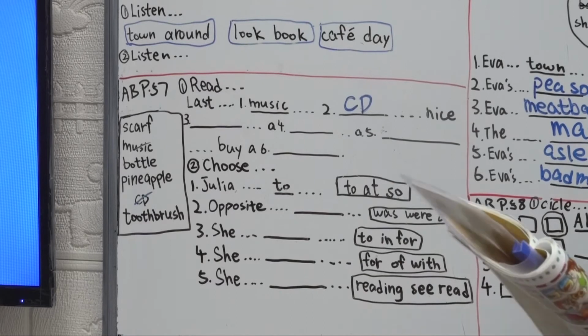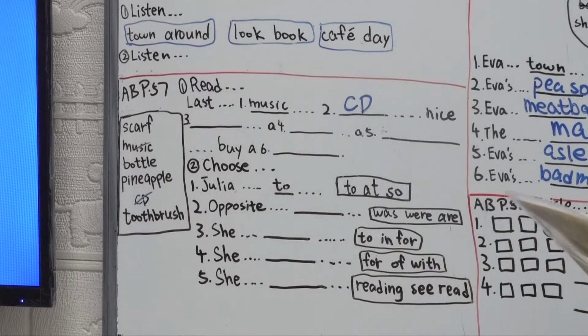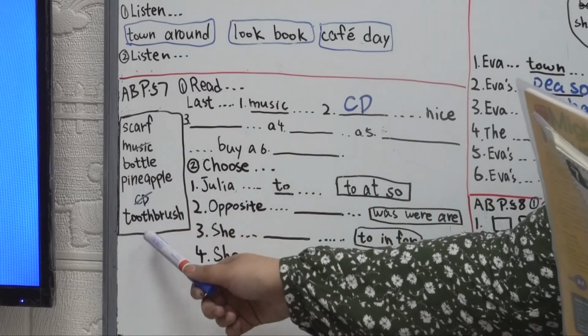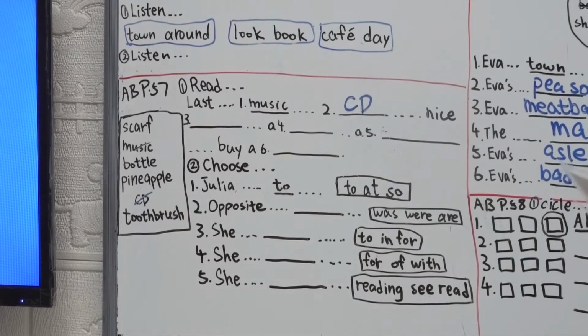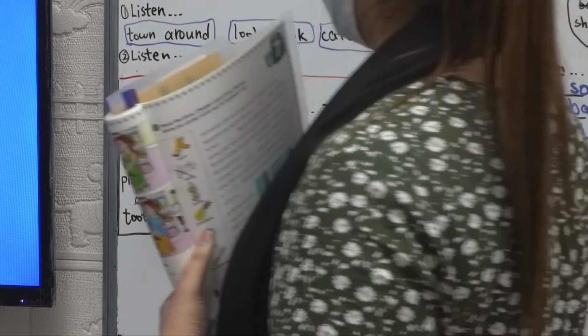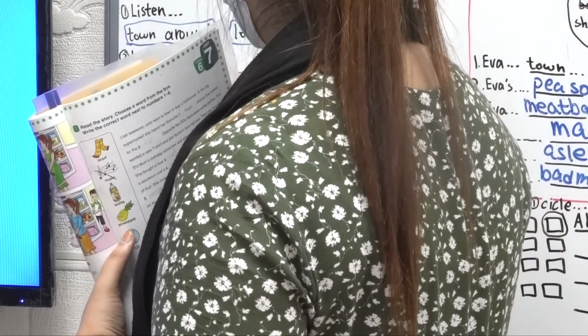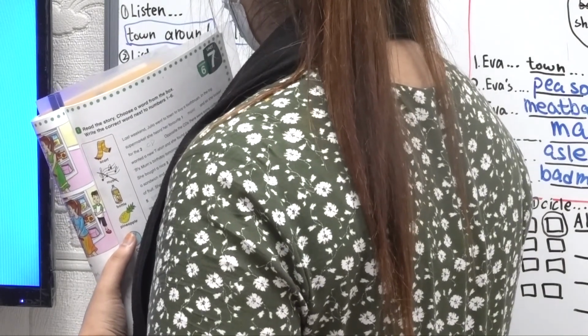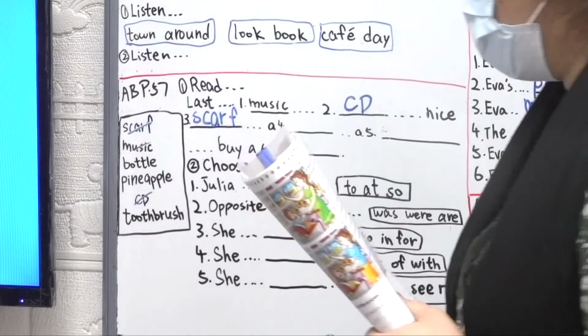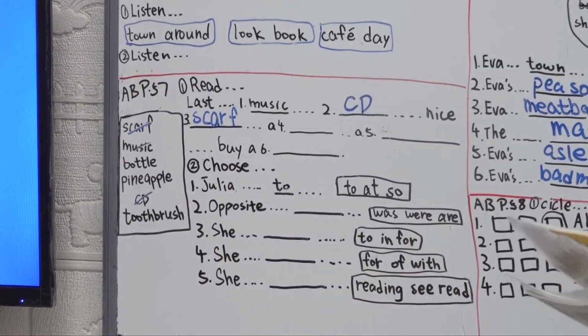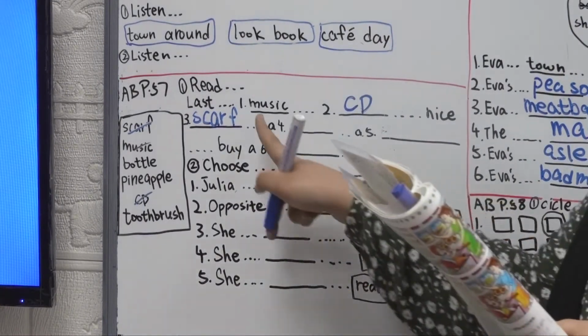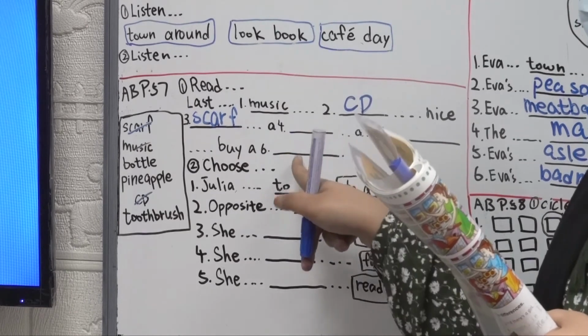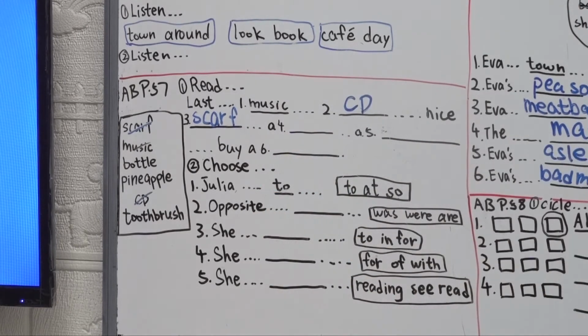She bought a nice scarf, bottle, pineapple, toothbrush. What is it? Nice scarf. Yes, scarf. Alright, starting from scarf, 4 to 6, you do it. Your time starts now. You do it by yourself. Go.